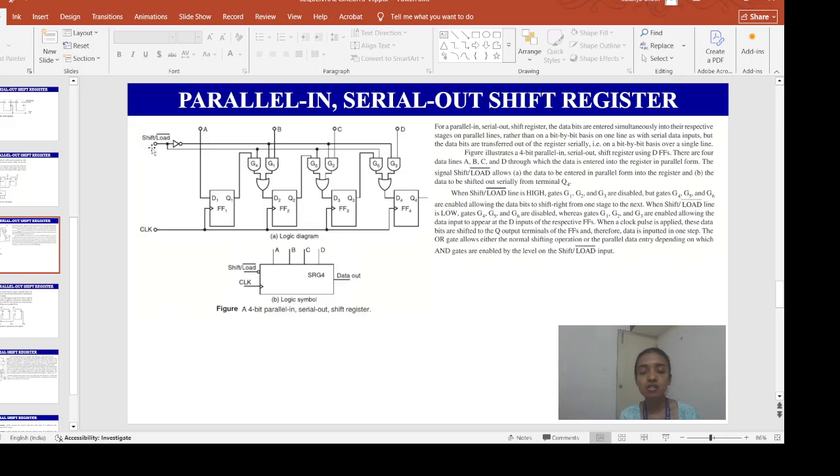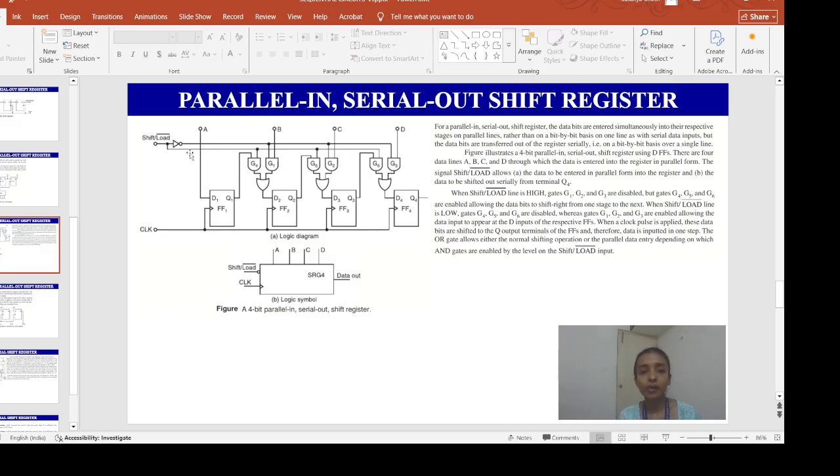It allows the data that you are giving to enter in parallel form into the register, and the data to be shifted out serially from the terminal Q4.